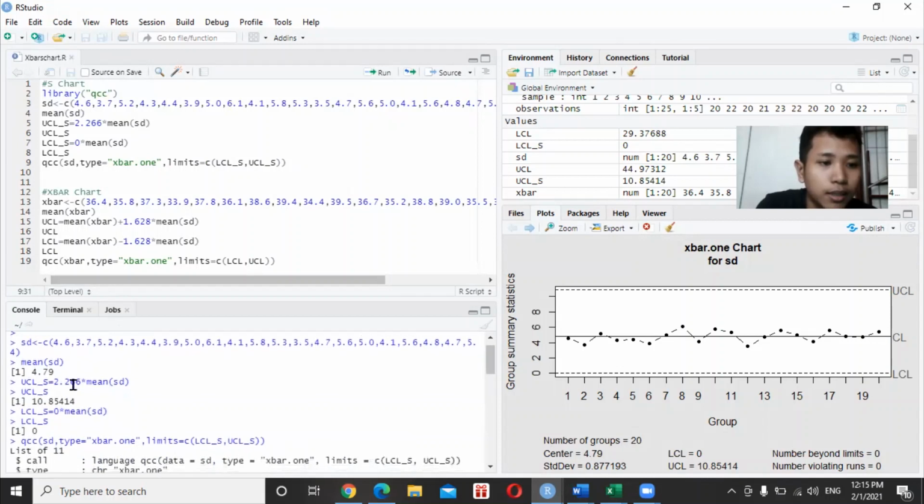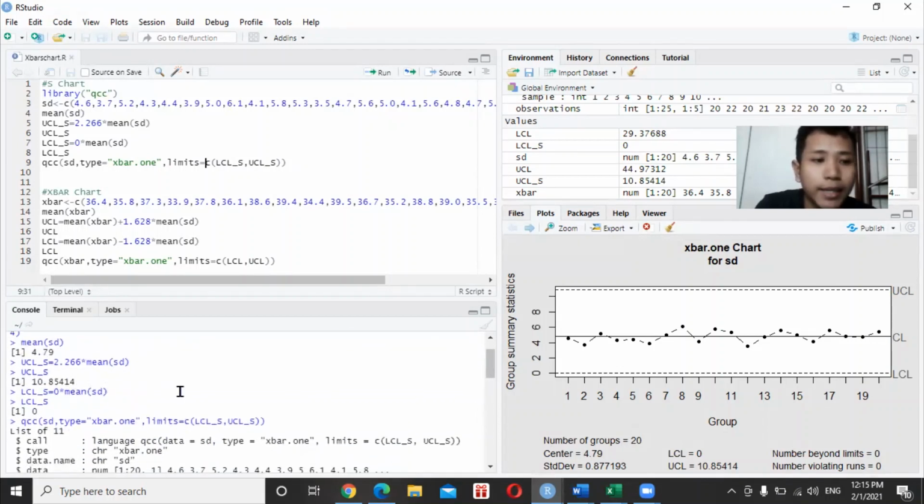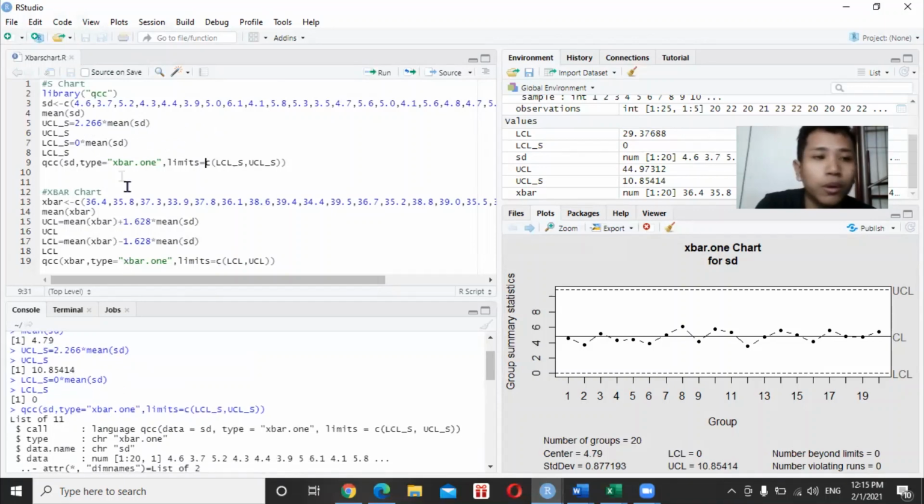When S bar equals 4.79, then find the upper control limit equal to B4 times S bar. B4 is 2.266 times S bar, then you get 10.85414. Then continue with the lower control limit. The same thing, but B3 times S bar equals 0.